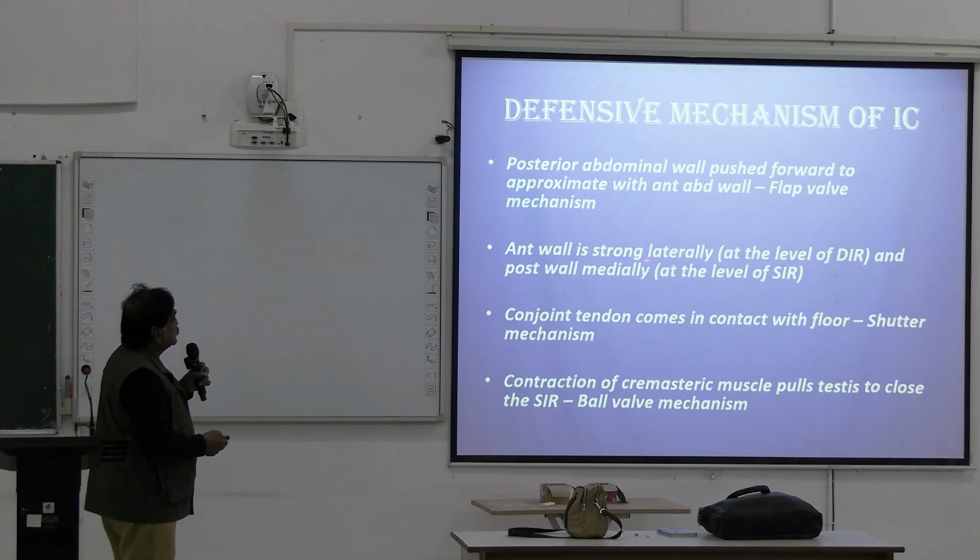The anterior wall is strong laterally at the level of the deep internal ring, and the posterior wall is strong medially at the level of the superficial inguinal ring. The conjoint tendon comes in contact with the floor, a shutter mechanism. Contraction of the cremastic muscle pulls the testes close to the superficial ring, a ball valve mechanism.